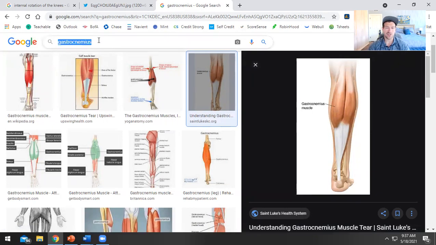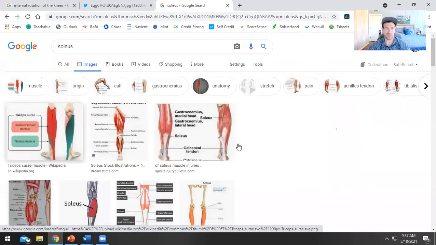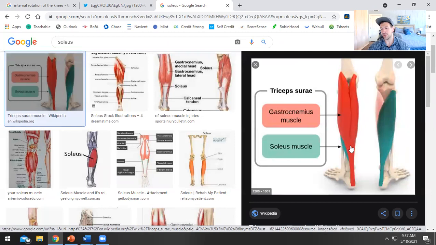Then you're also going to see your soleus, which is a little bit of a smaller muscle. You can see here's our gastrocnemius again. Your soleus lives right underneath your gastrocnemius, and it ties from your fibula down to the same spot as your gastrocnemius. So both of them are attached in different spots, but you can see this is attached only to our fibula here.